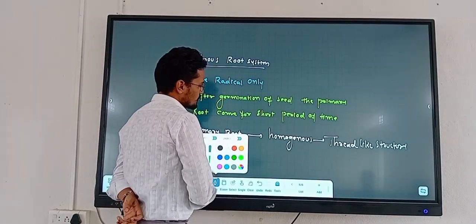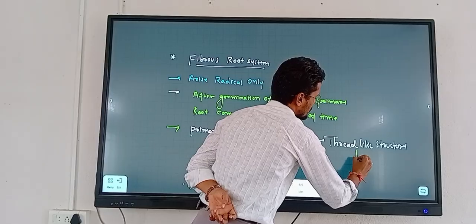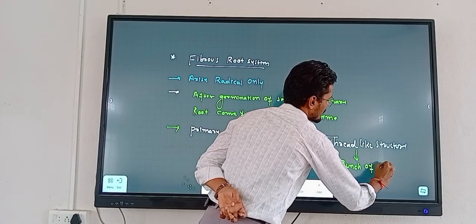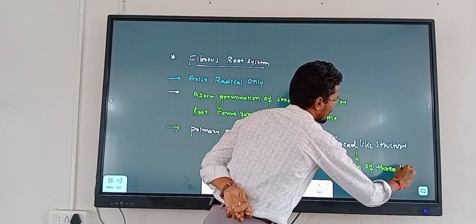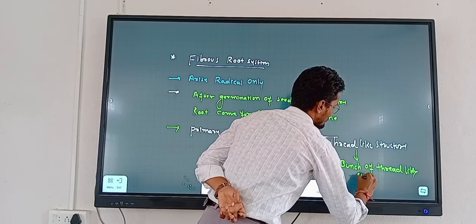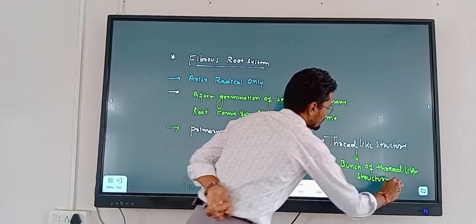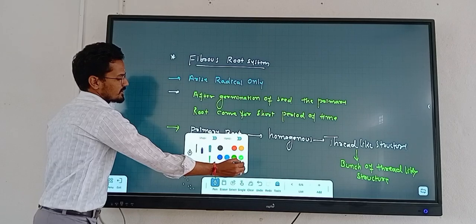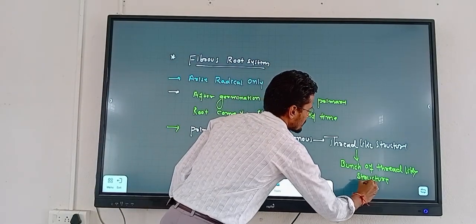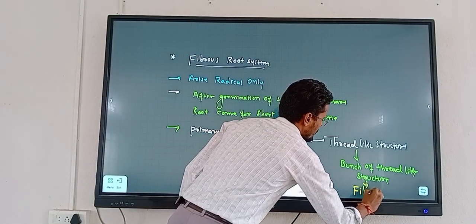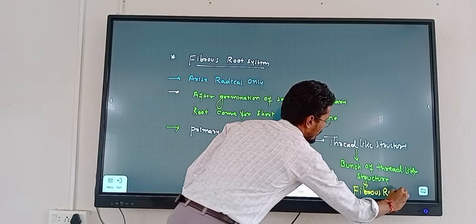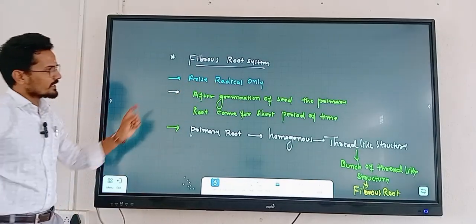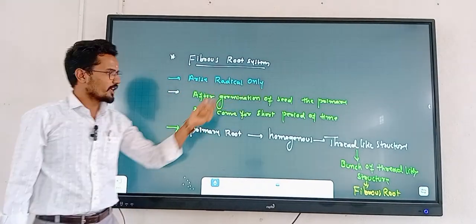Those bunch of thread-like structures are called fibrous. To recap, this is a fibrous root system, which also arises from the radicle.